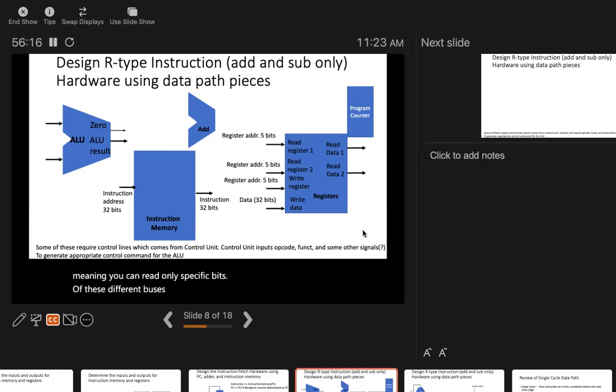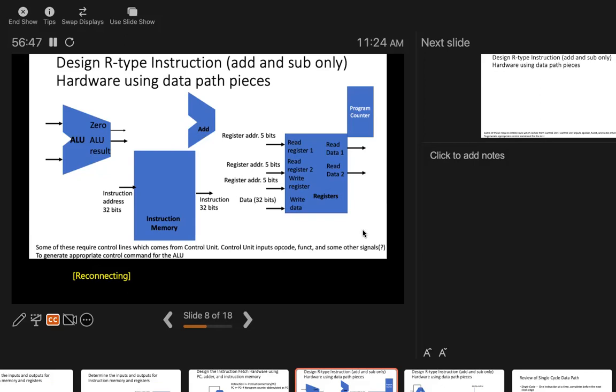So for example, when you consider your instruction, which is 32 bits, you can do some bit slicing, meaning instruction 31 to 26 is your opcode. Then instruction 25 to 21 is your RS register number.